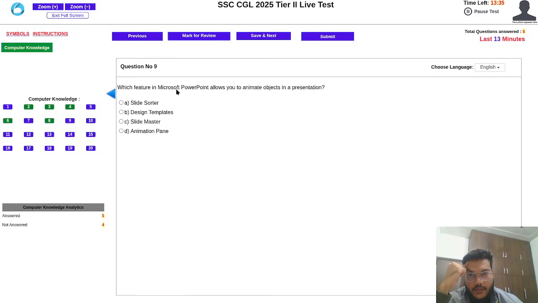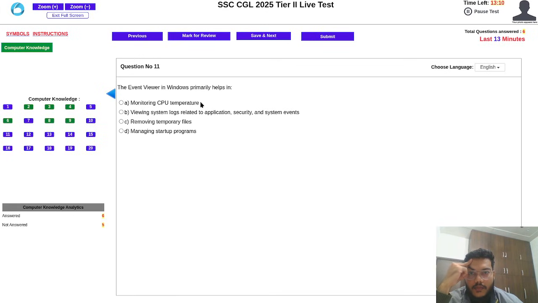Which feature in Microsoft PowerPoint is automated objects representation? Animate objects. Which of the following group is not found in the transition tab? Transition, timing. The event triggering the family helps in monitoring CPU temperature.